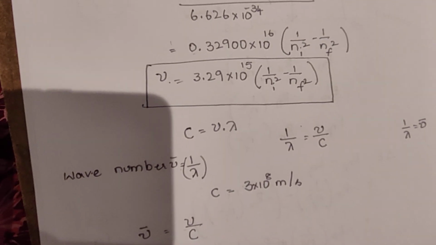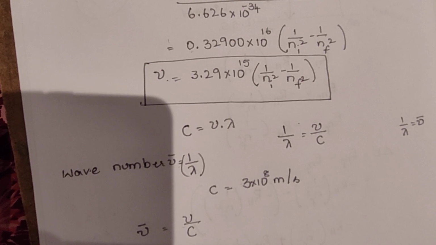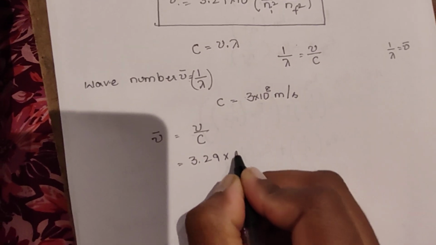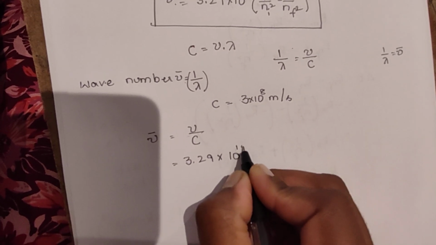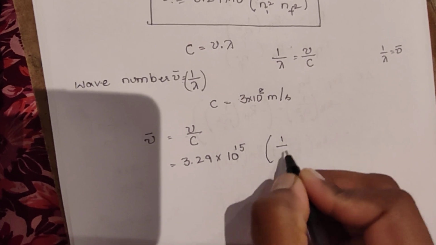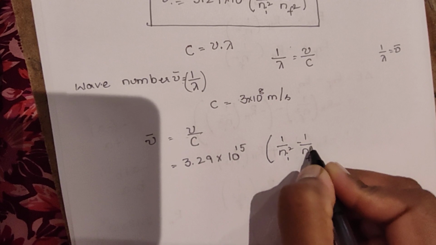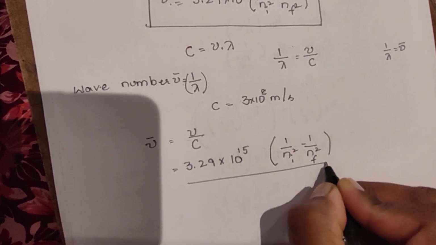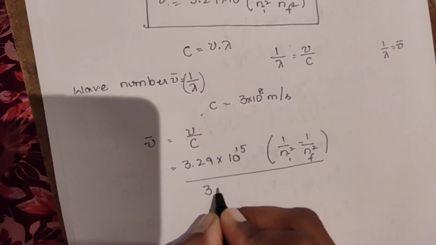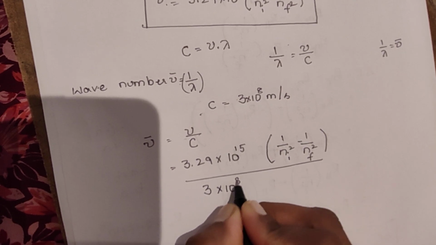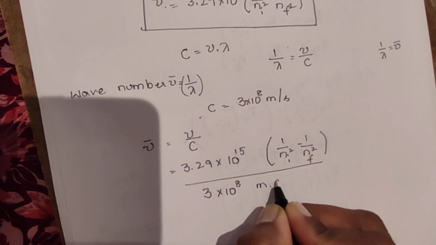Frequency formula we already got: 3.29 into 10 power 15 into 1 by ni square minus 1 by nf square, divided by velocity of light, 3 into 10 power 8 meters per second.